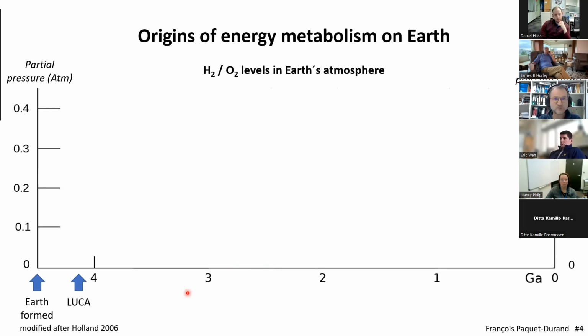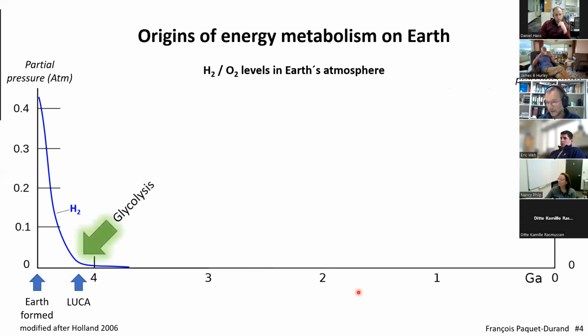So already 300 million years after the formation of the planet, we had the first forms of life, our last universal common ancestor. And the atmospheric conditions at that time on Earth were very different to what it is today. Notably, the atmosphere was rich in hydrogen, or in other words, it was a reducing atmosphere. And this, of course, influenced metabolism that could evolve under these conditions.